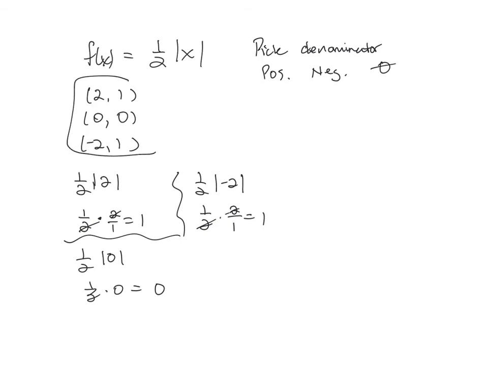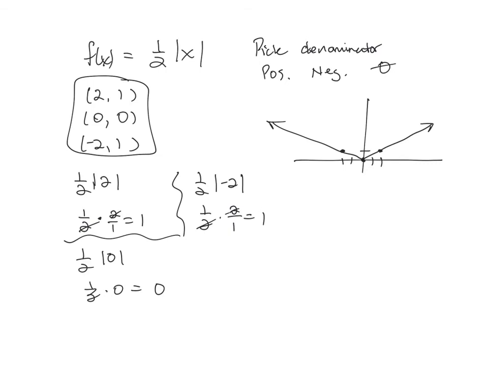So here are my points: 2, 1, 0, 0, negative 2, positive 1. And it got really wide. Okay, so again, this one, we went over 2 and up 1.